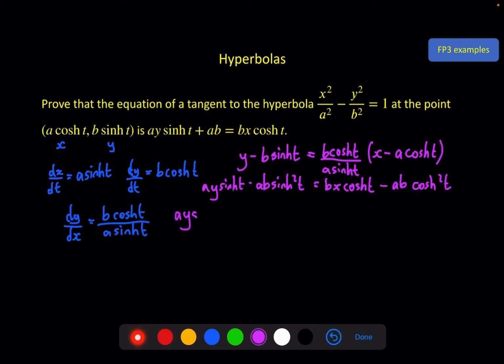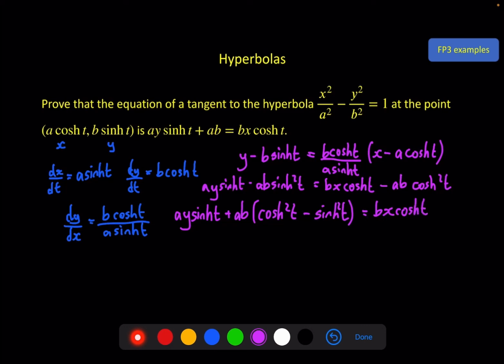Factorize out the ab. So we have ab cos squared t, and there's also an ab minus with their sin squared t, and that has to equal bx cos t.